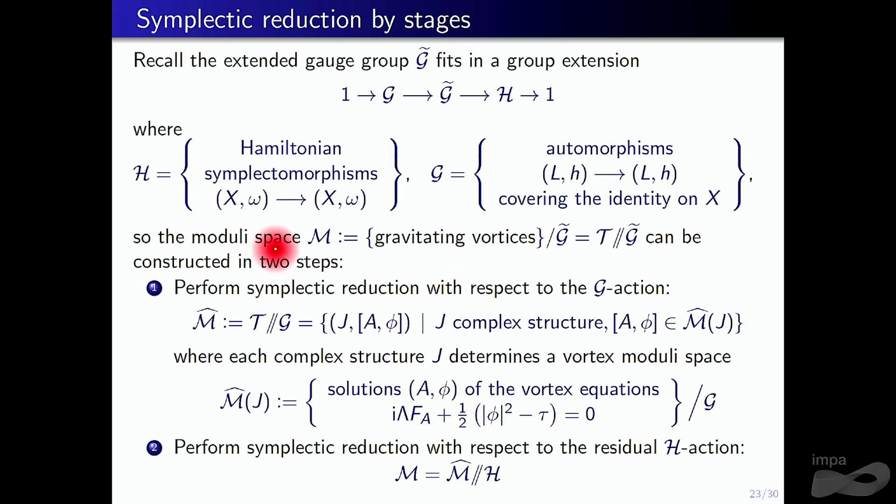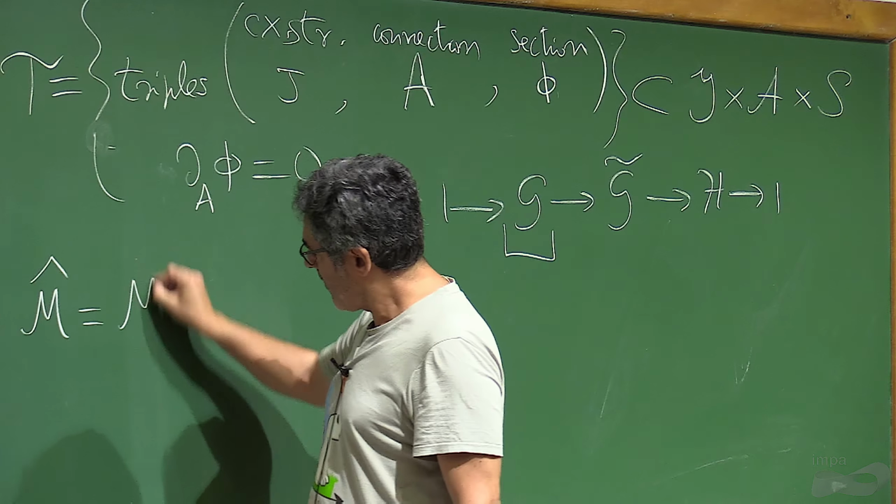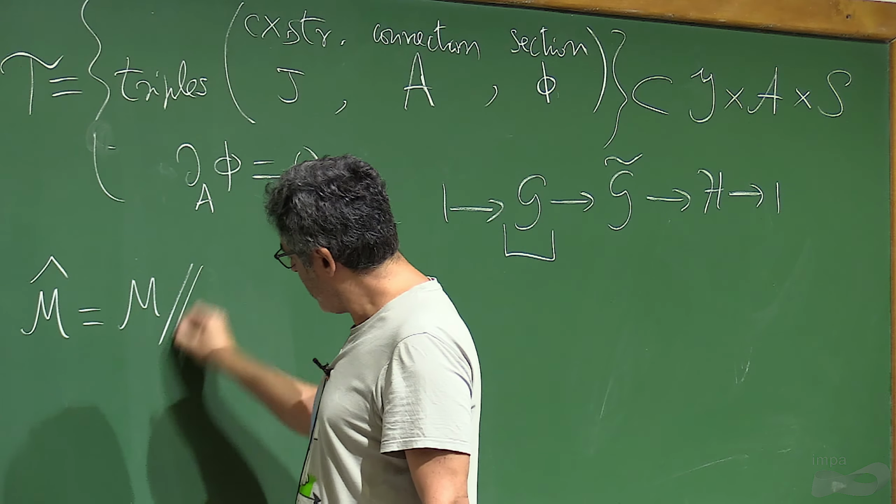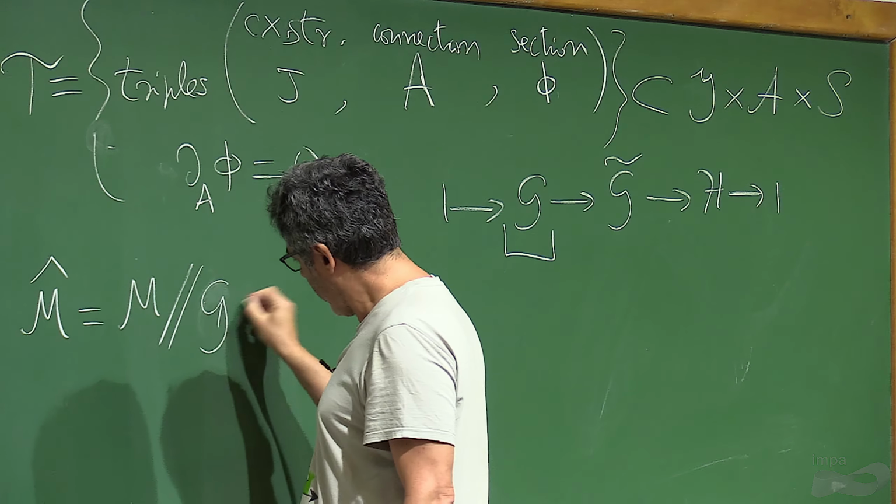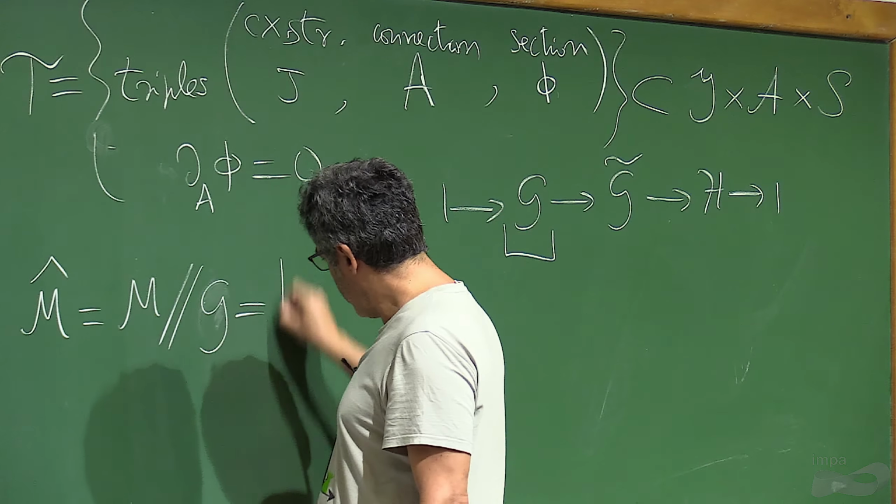work with it because, well, let's see. We first perform symplectic reduction by the normal group G. Then we get, I don't know, some M hat. Okay.